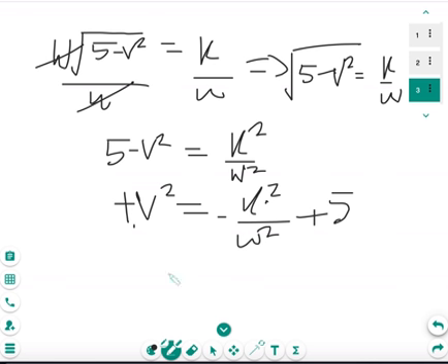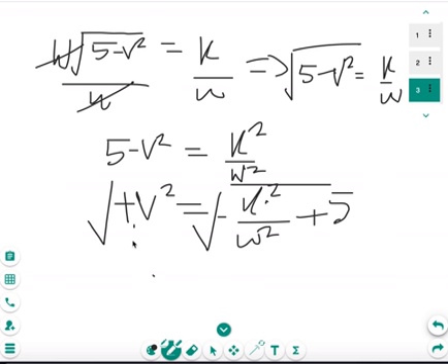So now you want to find, sorry, you want to find V. That means you want to find the root on the left side and the root on the right side.